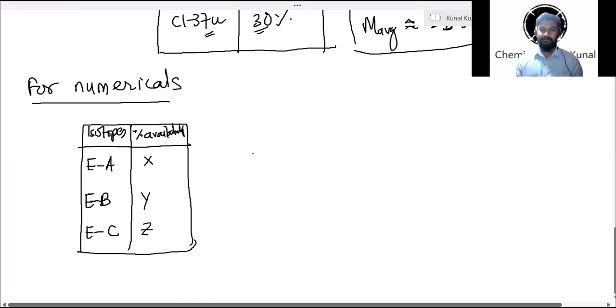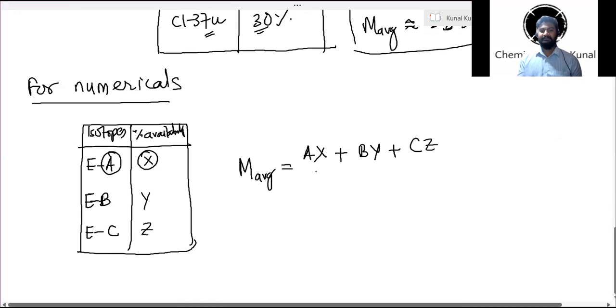Then what will be the mass average of that element? So the mass average of that element will be A into X. That's the algorithm. Whenever you get a question, this is how we do it generally. B into Y plus C into Z divided by X plus Y plus Z. Don't worry, X plus Y plus Z will always be 100. That's a safe side.